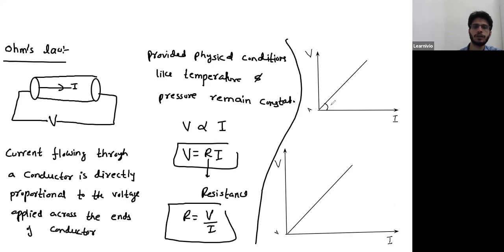This angle is theta. If I consider the slope of this V versus I graph, slope is tan theta, which comes out to be voltage by current, so it's V by I. And what is V by I? Voltage by current is resistance, so slope comes out to be equal to R.